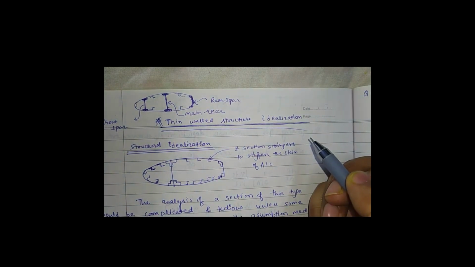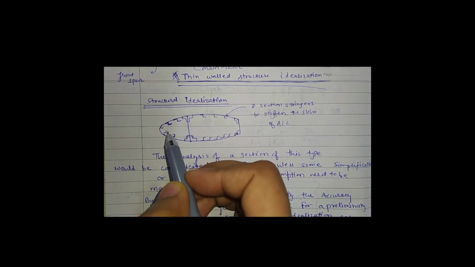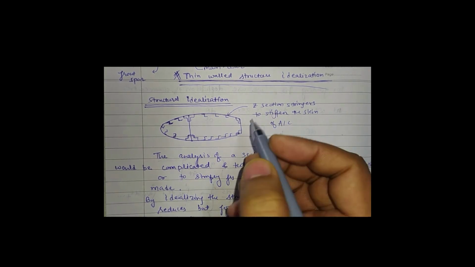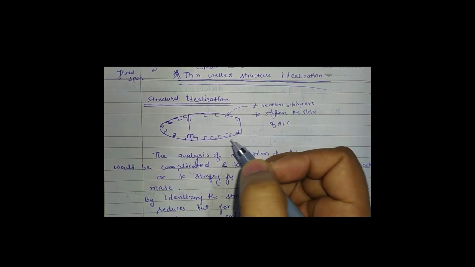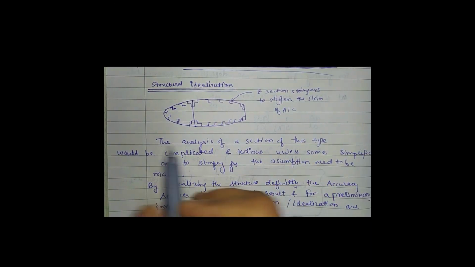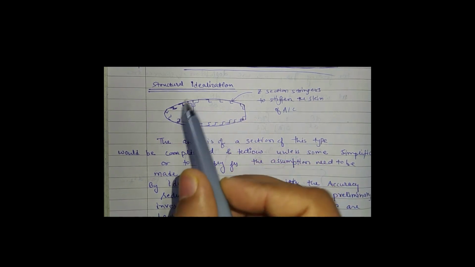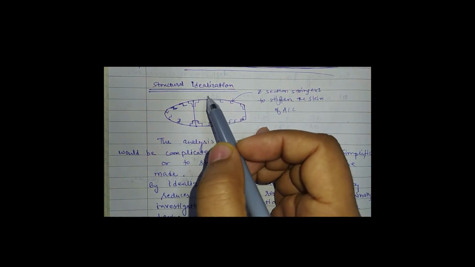Why do we do idealization? For example, if this kind of structure is given to you and you have to solve it by hand calculation, it will be very difficult. Analyzing a section of this type would be complicated and tedious unless we do some idealization or simplification.